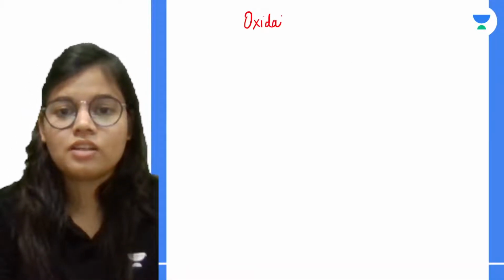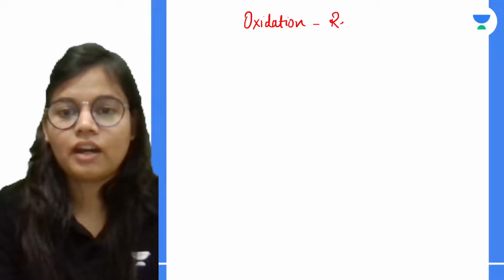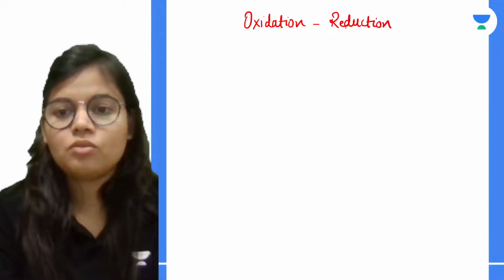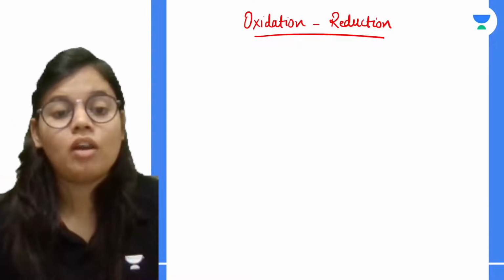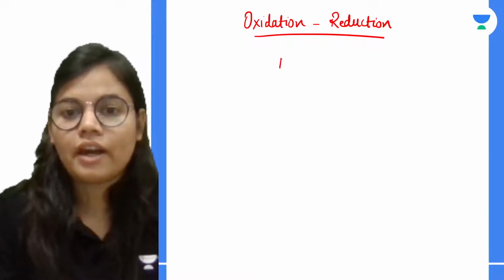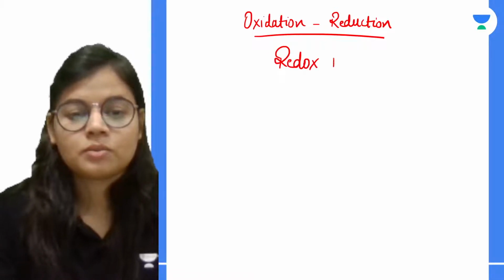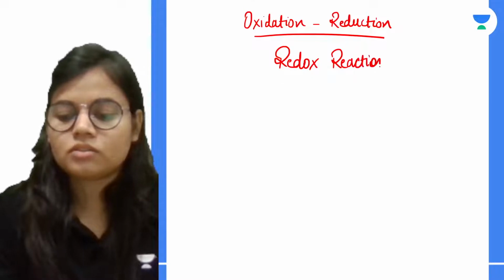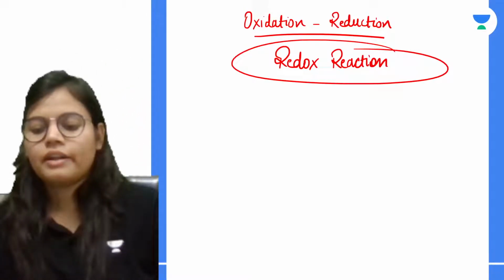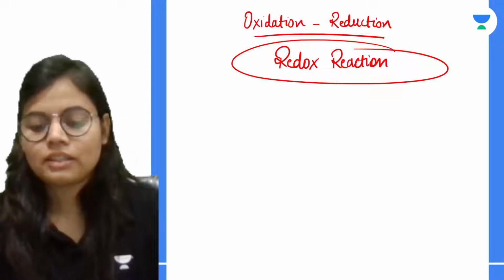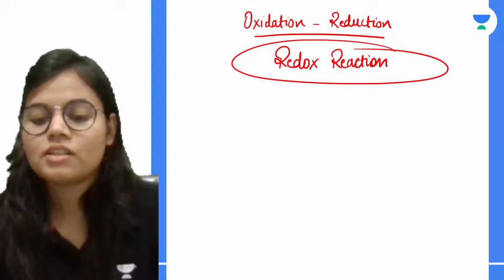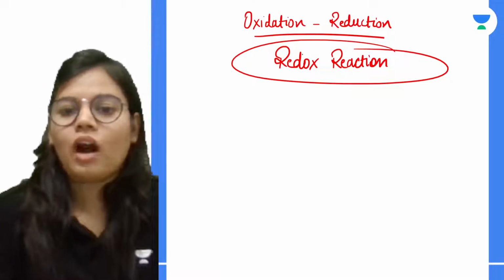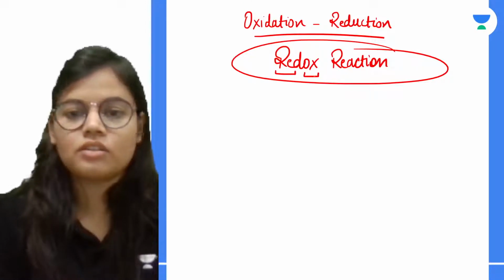So as I told you, our topic for the day is oxidation and reduction. Let us first try to understand what we mean by oxidation and reduction. If you have heard it, it is what we call a redox reaction. Redox is the short form used for oxidation and reduction: RED for reduction and OX for oxidation.